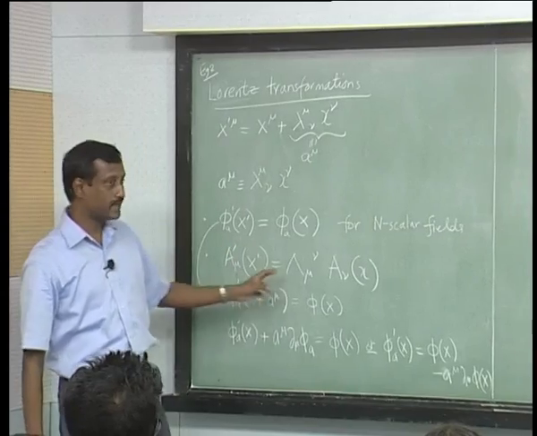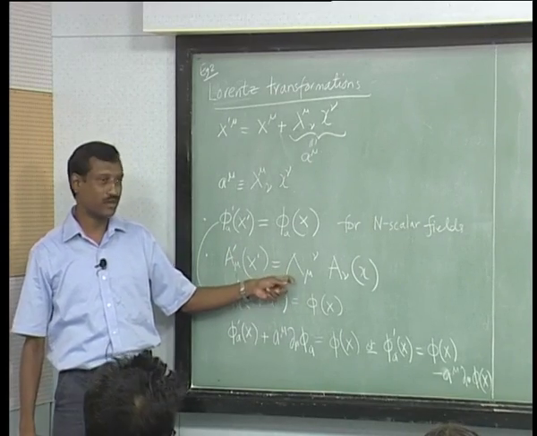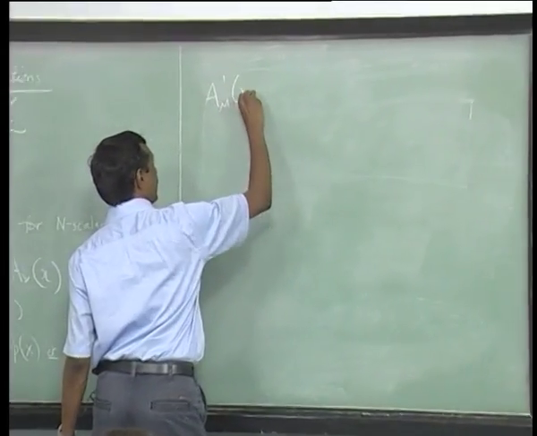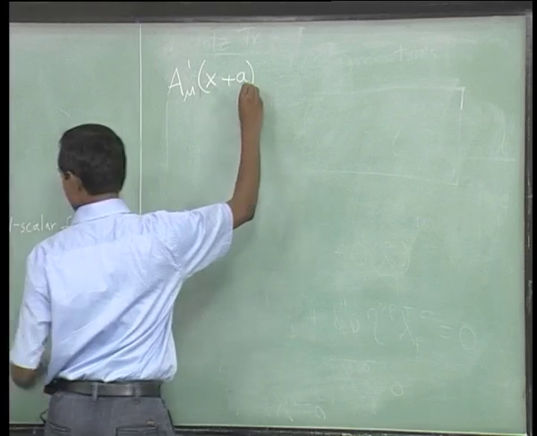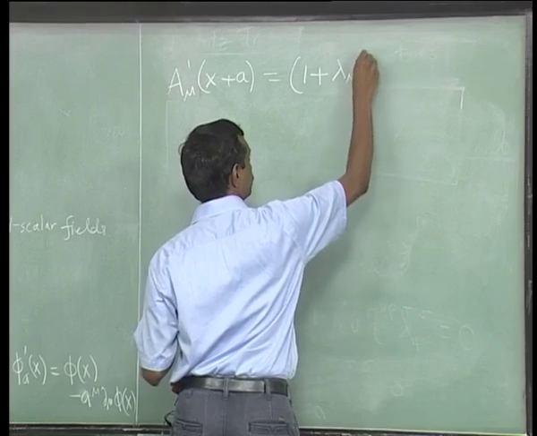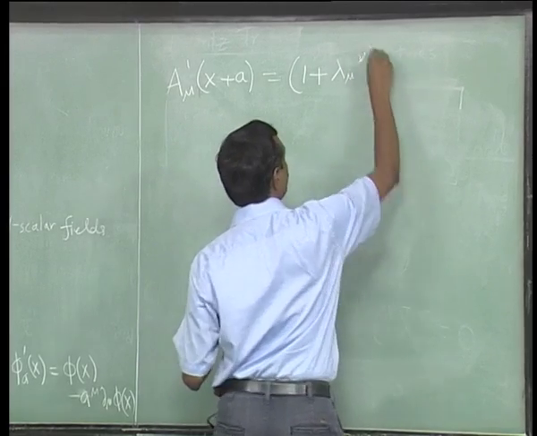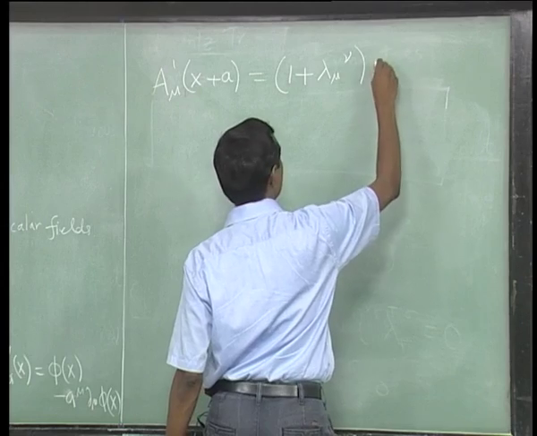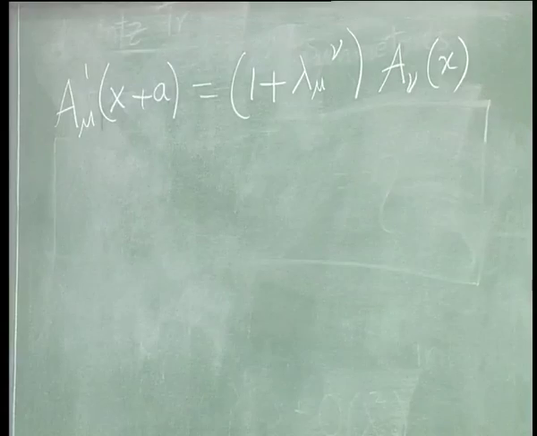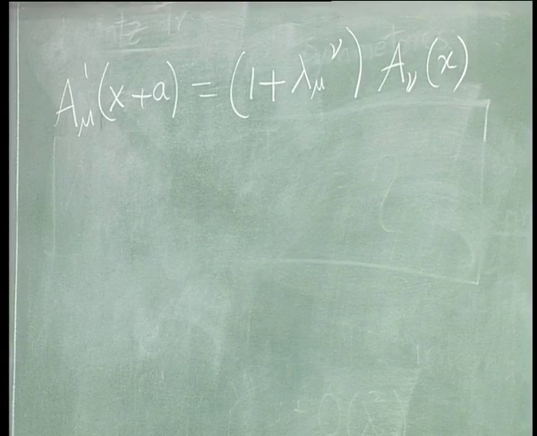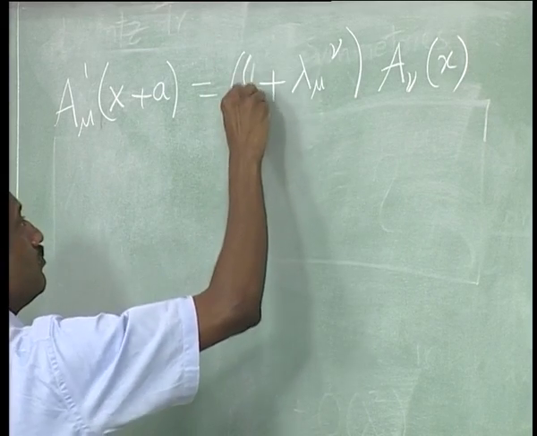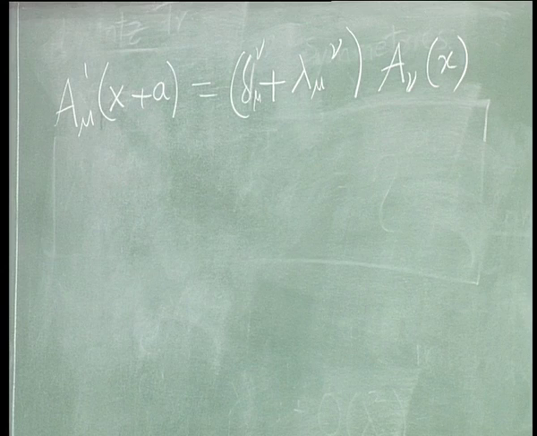So, now you see here there are extra pieces coming, there is one piece coming from here. So, let us write that a mu prime of x plus a equal to 1 plus lambda mu nu into... it should not be 1, it should be... okay.